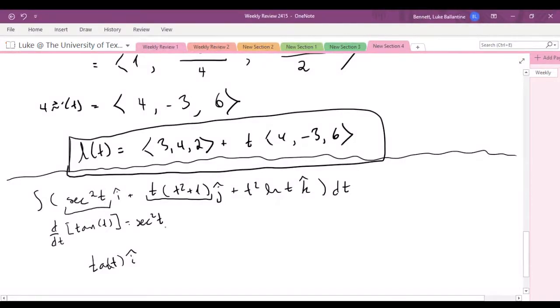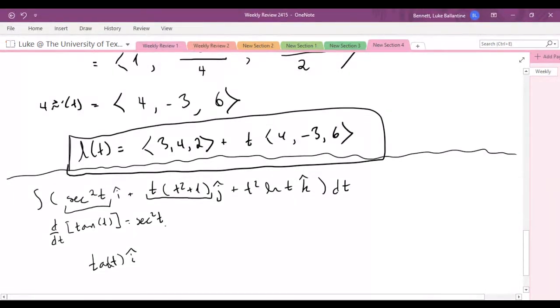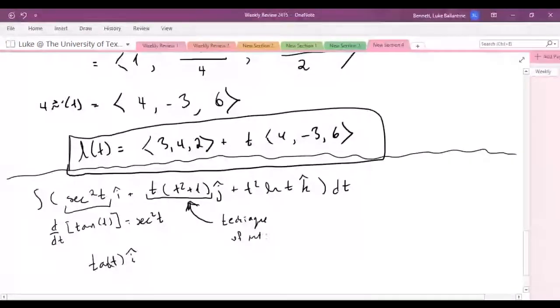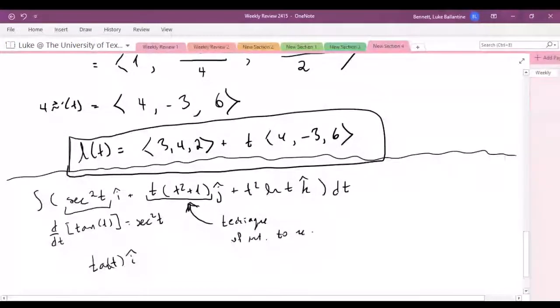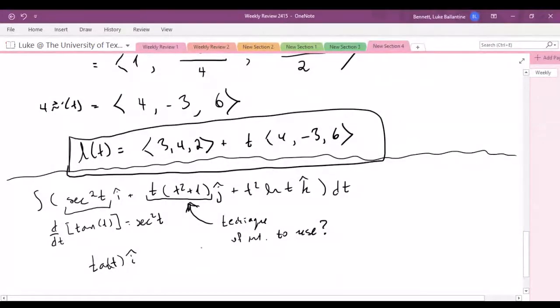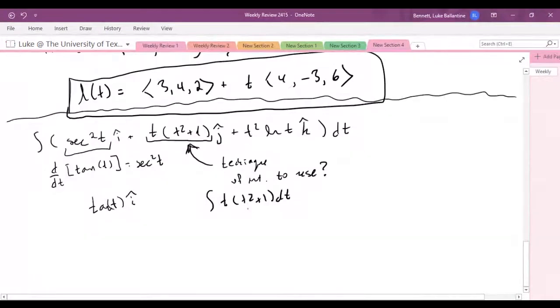That's why I brought it up, I was really just testing y'all. What technique of integration do I use here? U-substitution, because we have the integral of t times (t squared plus 1) dt.